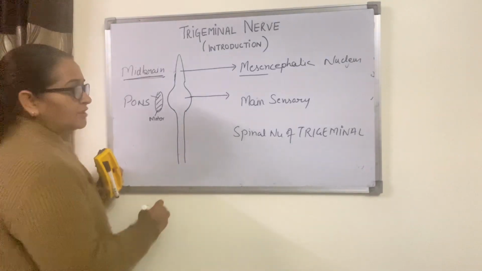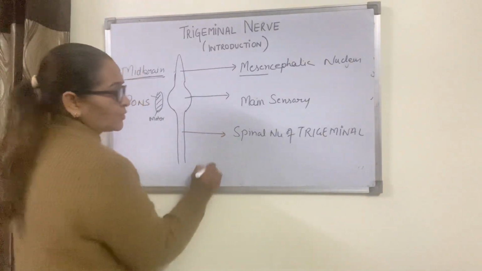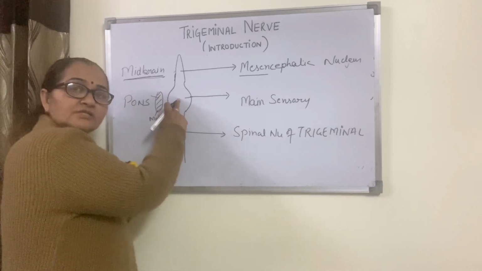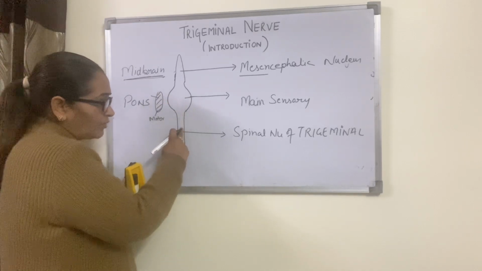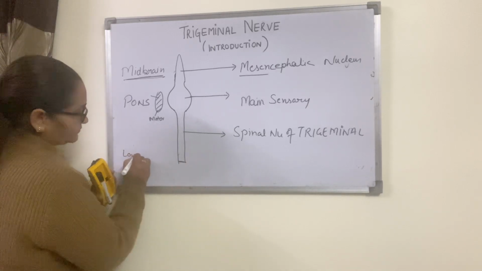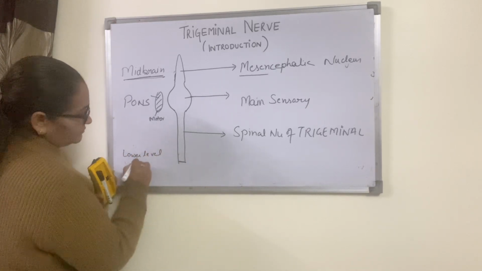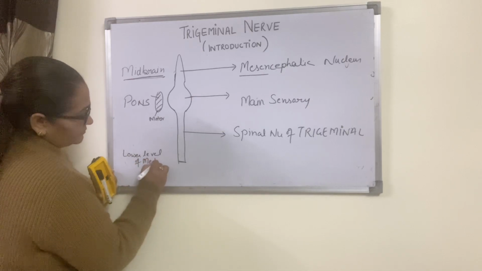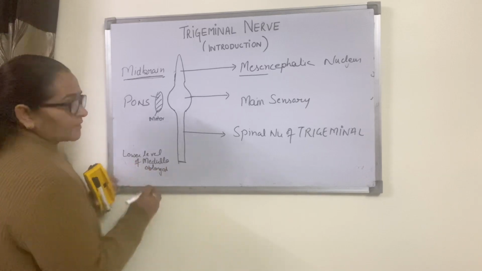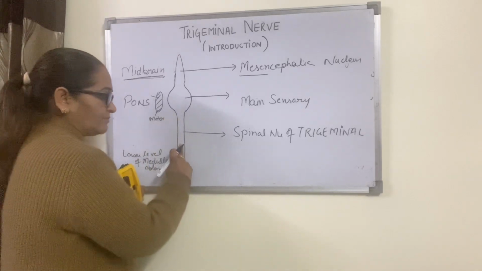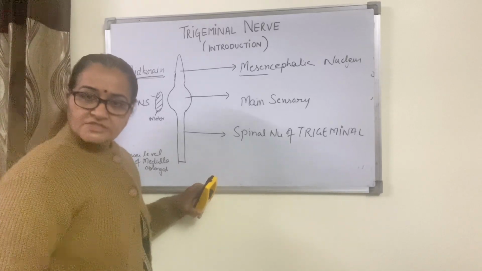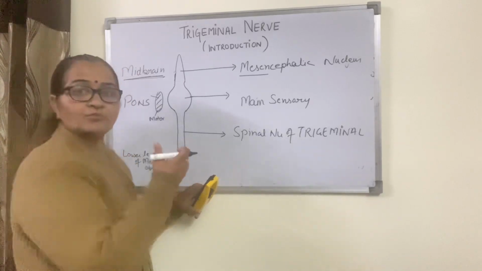Now this spinal nucleus of the trigeminal is continuing with the main sensory nucleus in the pons, coming downward, and it reaches up to the lower level of the medulla oblongata. Now this nucleus is receiving pain, temperature and light touch sensations from the face.